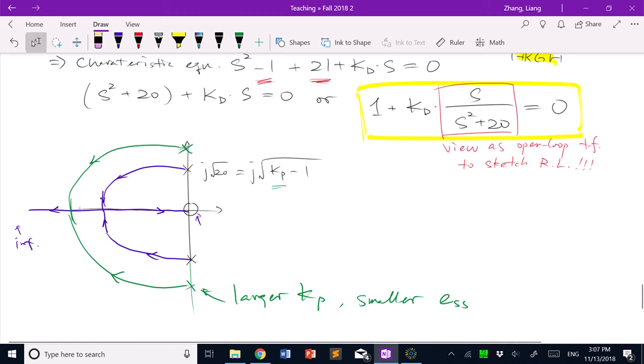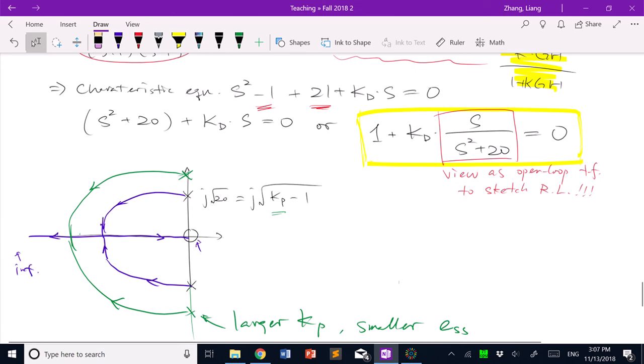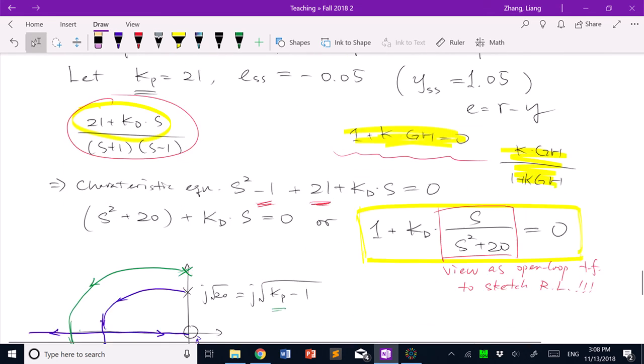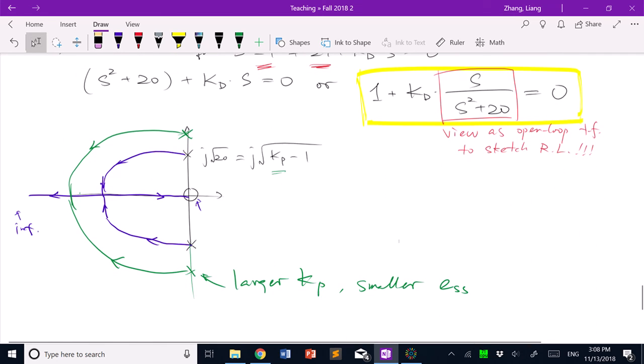Now, what other things do I need? I need stability. Is that a problem? Now, if I draw the root locus correctly, that won't be a problem because all the roots are in the left half plane. What others? I want also an overshoot of 5%. Well, how do I find the overshoot being 5%? This is what I did, right? I find this 45 degrees.